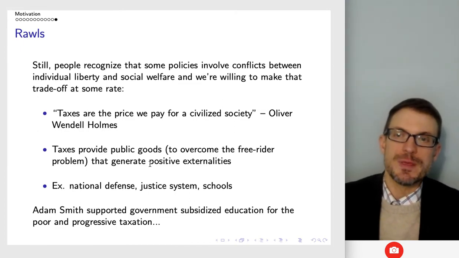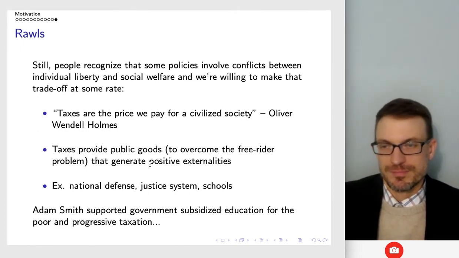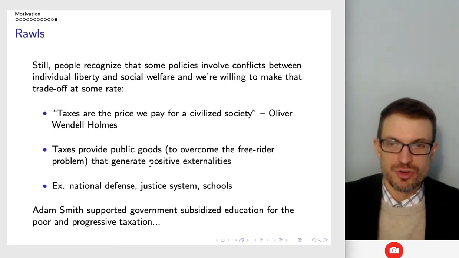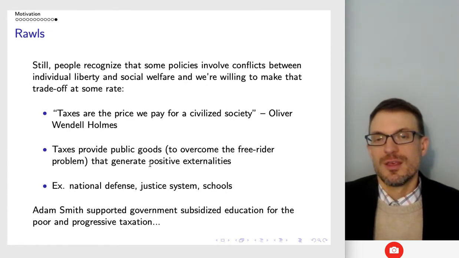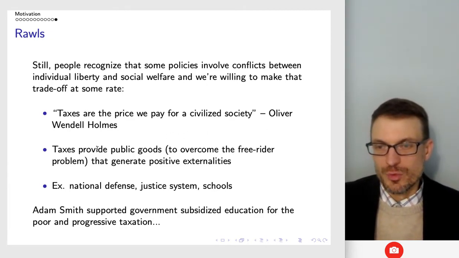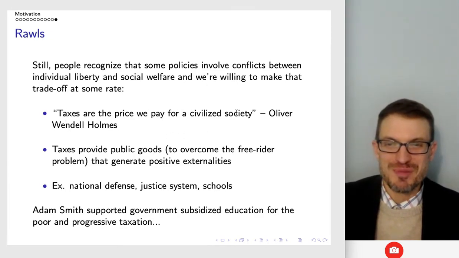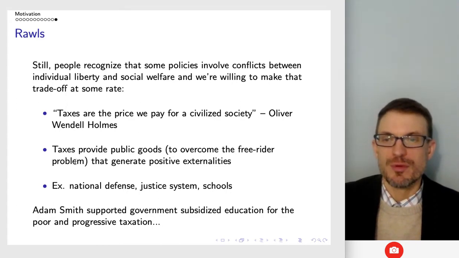Okay, so still people recognize that some policies involve conflicts between individual liberty and social welfare. Therefore, we're willing to make some trade-off. For instance, a quote from Oliver Wendell Holmes: taxes are the price we pay for a civilized society. Ultimately, taxes provide for public goods, helping to overcome a free rider problem.